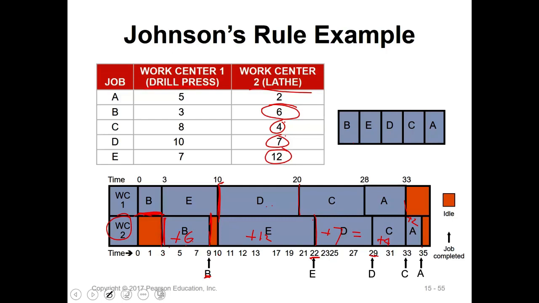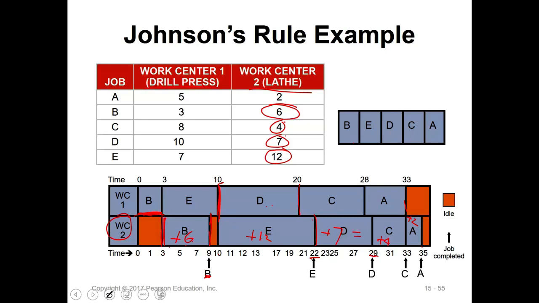If the smallest number is associated with work center 2, you put it last. If it is associated with work center 1, put it first. Also, the logical sequence is that all jobs must go through the first machine 1 and then machine 2, or first technician 1 and then technician 2.